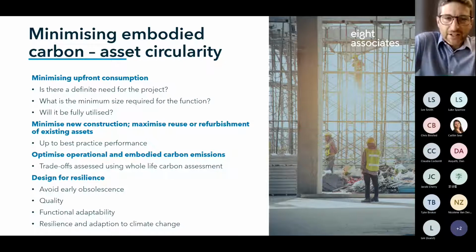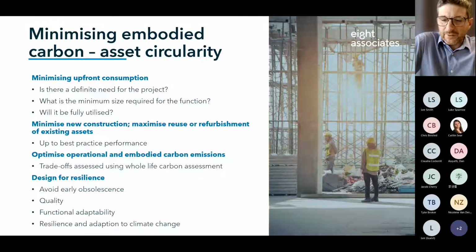We've all seen that. Other things like functional adaptability, so buildings that are designed from the offset to be used for different functions. We do see now lots of buildings that are repurposed, and sometimes due to the design they can't be, and so unfortunately have to be demolished. So a building that is adaptable is a great thing to have. And then lastly, resilience to climate change.